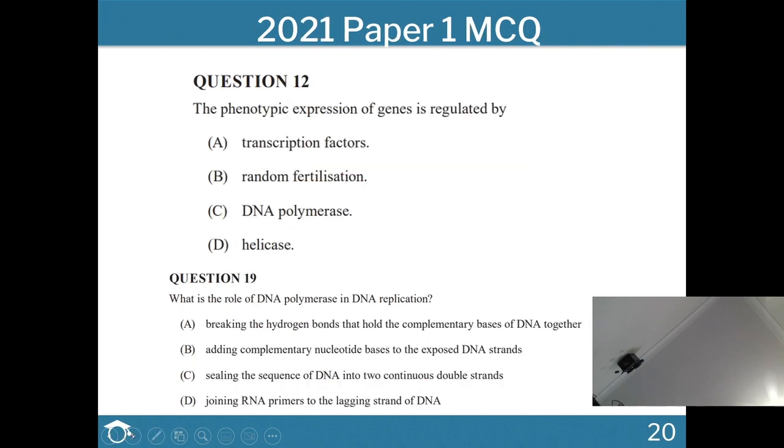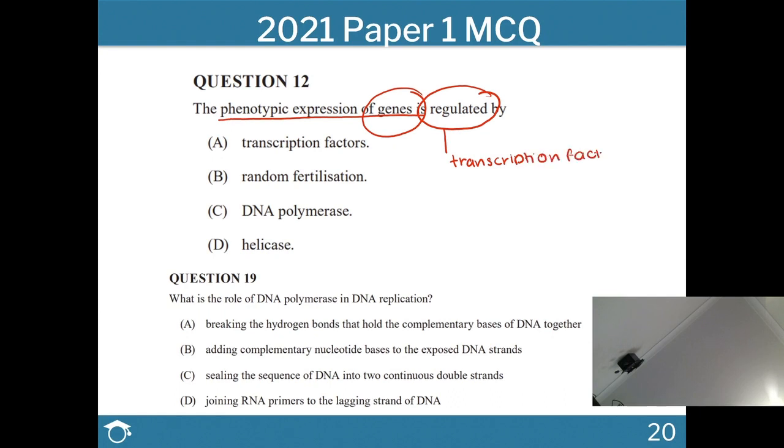Next, we have: a phenotypic expression of genes is regulated by what? Now, whenever you see regulation and genes being used, you have to think of transcription factors immediately. So remember, some transcription factors will upregulate or stimulate a gene, and other transcription factors will downregulate.